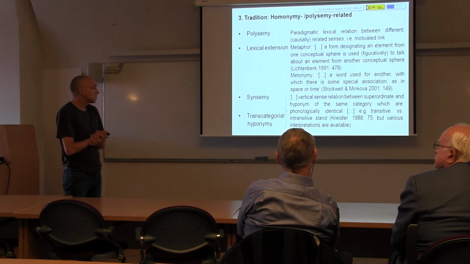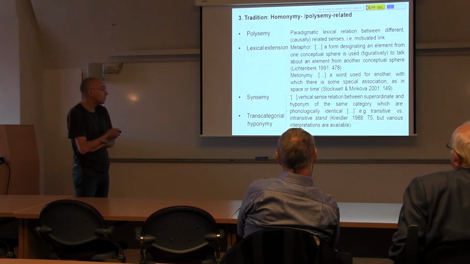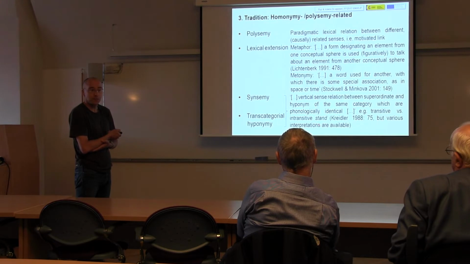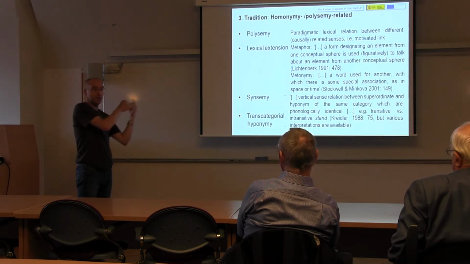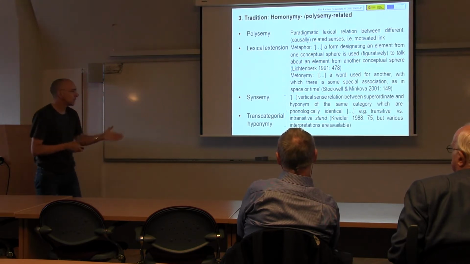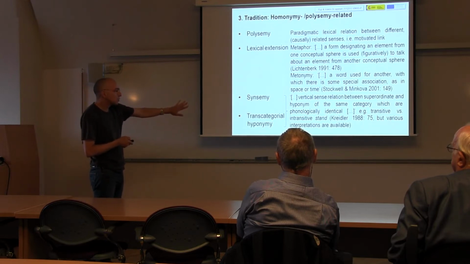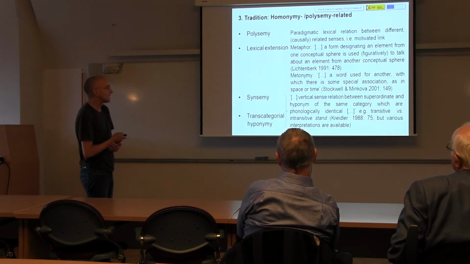Again, different interpretations are available, and again, the clearest cases that are argued for synsemy and transcategorial hyponymy are cases of what we call secondary word class conversion. That is, conversion not between word classes, but between secondary word classes, as Leech proposed in 1974. So this is again controversial in the sense that that type of conversion, secondary word class conversion, is not always accepted as such.